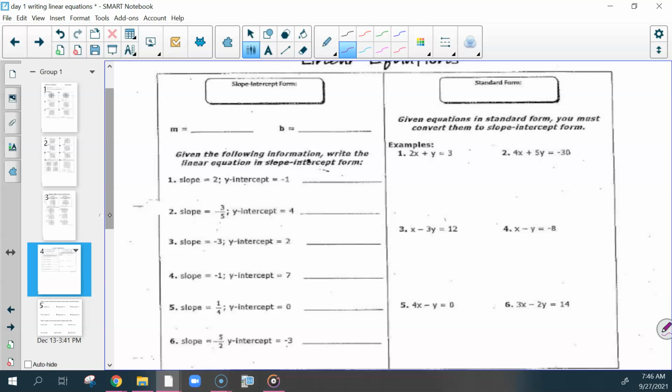So I'm not really going to do any of these examples because we kind of already did that. I'm just going to fill in this part. But you do have more examples that you could do.